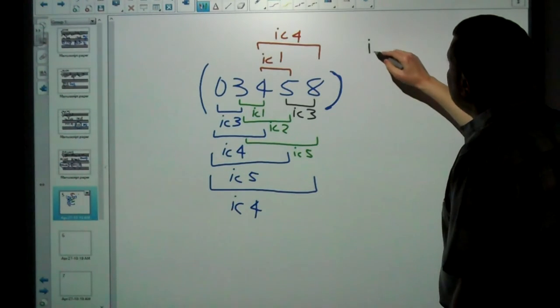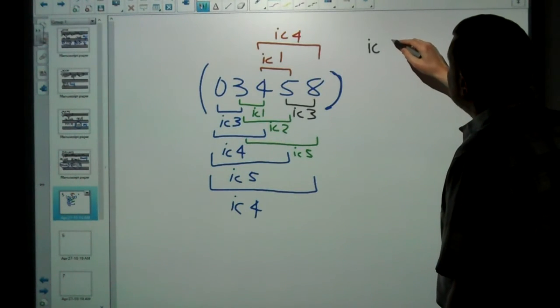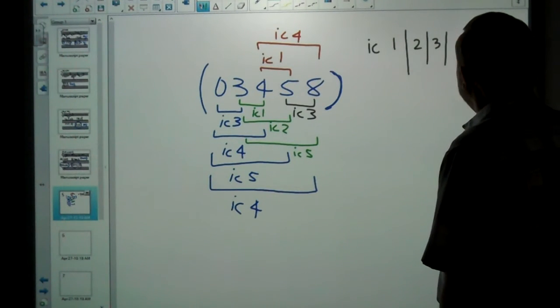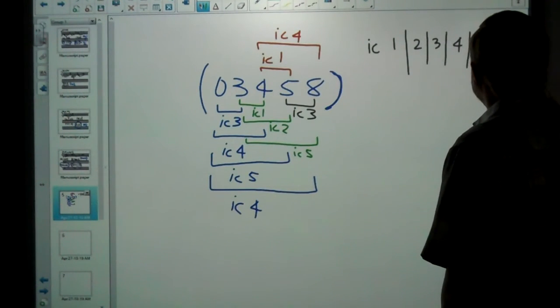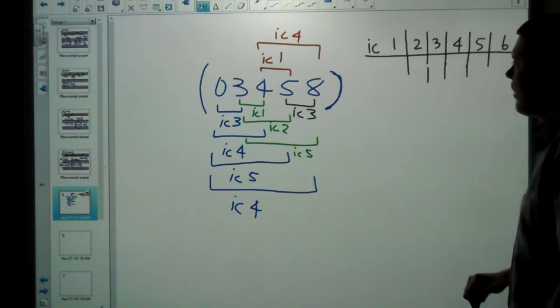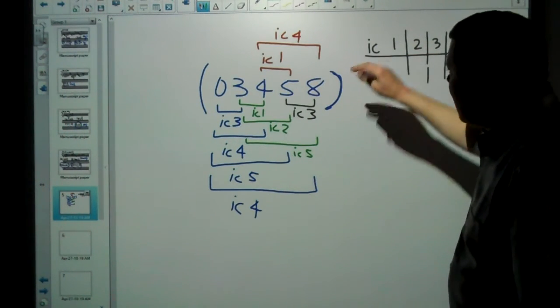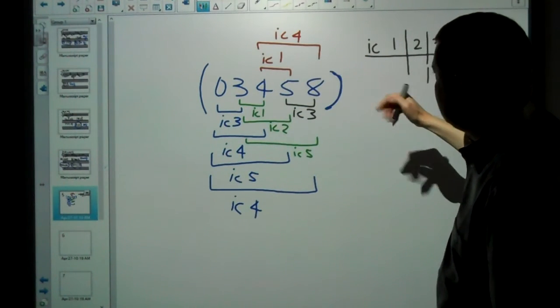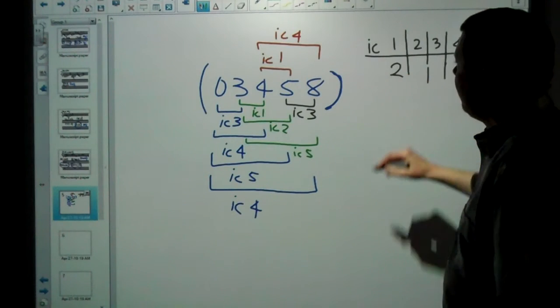Now let's list them as an interval vector. And remember, the interval vector is just a string of numbers that lists how many instances of interval class 1, 2, 3, 4, 5, and 6 we have. Well, let's see, interval class 1, I've got 1 there and I've got 1 there. So it looks like 2.